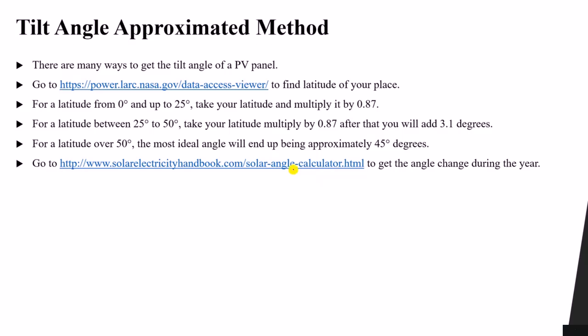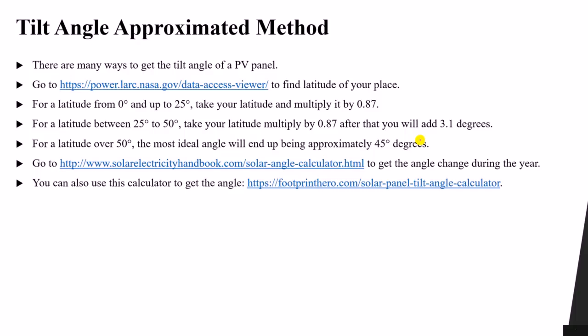As we will see in the next lesson, you are going to select the best angle for each month of the year. Before the final method, you can also use this calculator to get the angle. This is another website where you put your location and it will give you the angle. We will see this also in the next lesson.